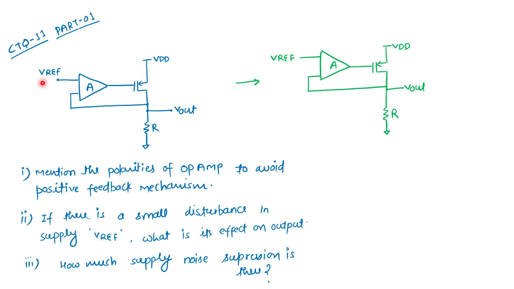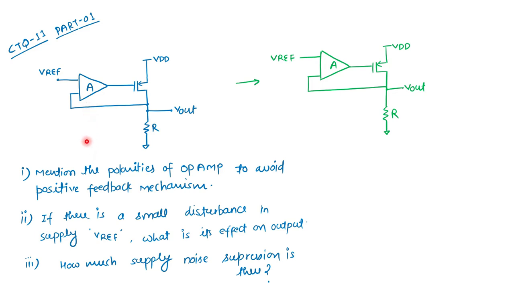What we are doing, we are having some reference input on this terminal, and we are having this feedback from output to input through this. So we have to see for what particular polarity of the input this system is in negative feedback configuration.